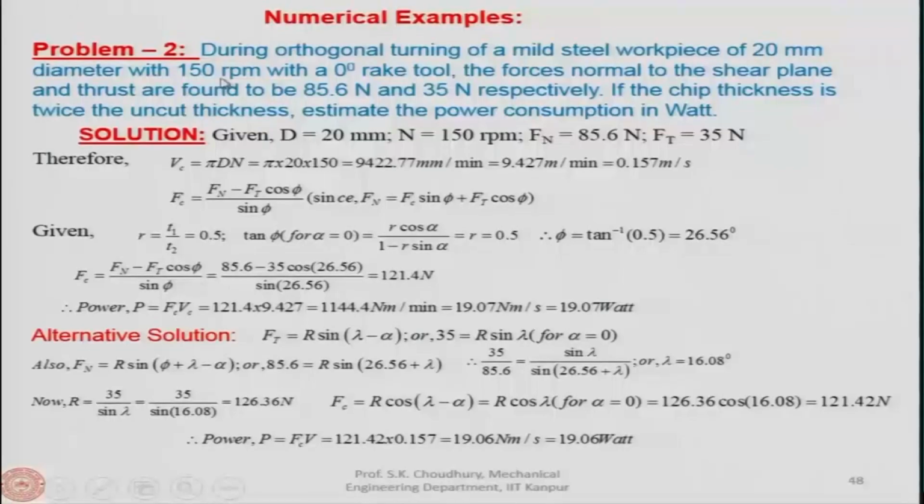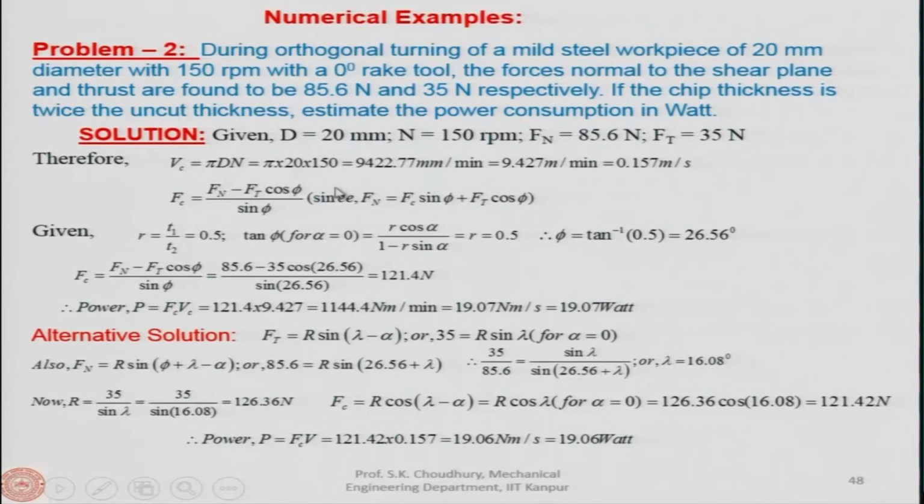Okay. Second problem: during orthogonal turning of a mild steel workpiece of 20 millimeter diameter with 150 rpm with a 0 degree rake tool, the forces normal to the shear plane and thrust are found to be this. If the chip thickness is twice the uncut thickness, estimate the power consumption in watt.